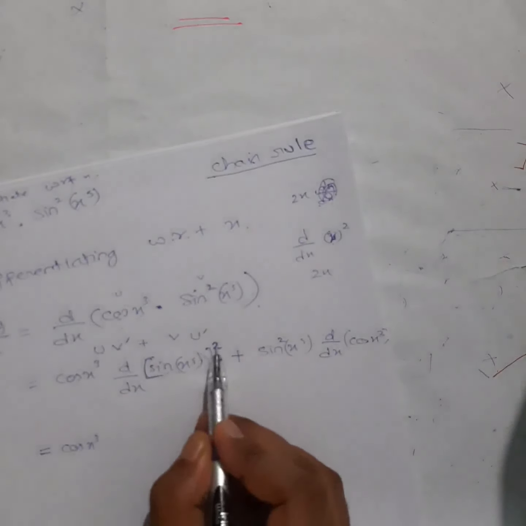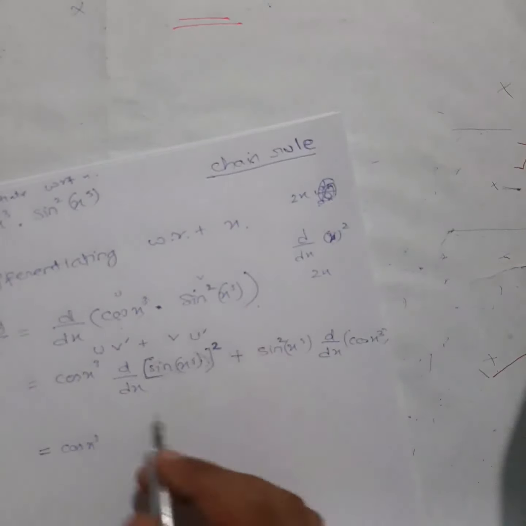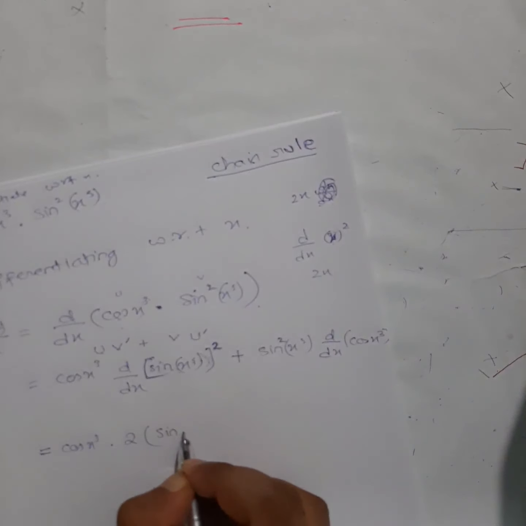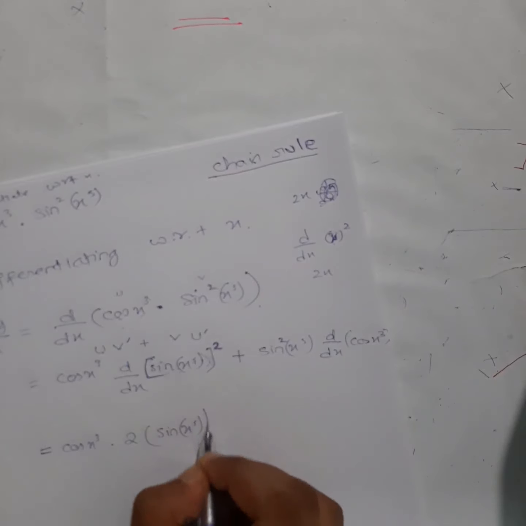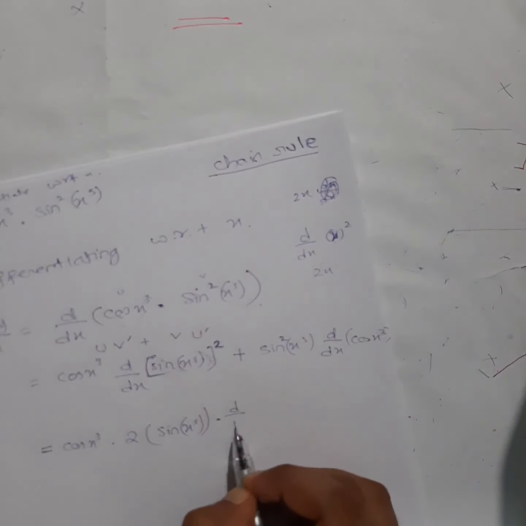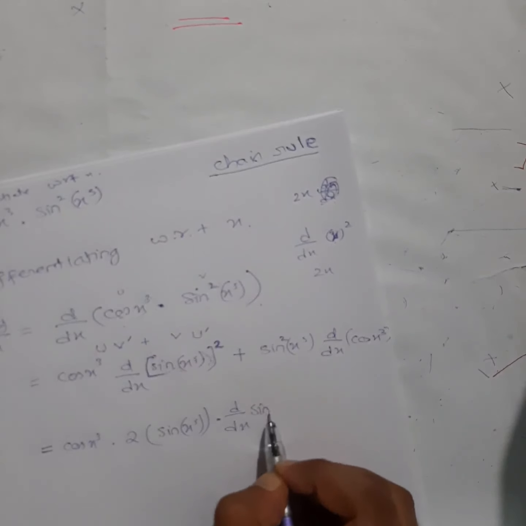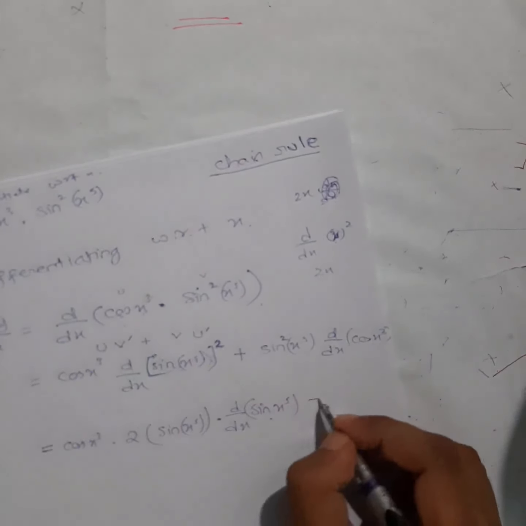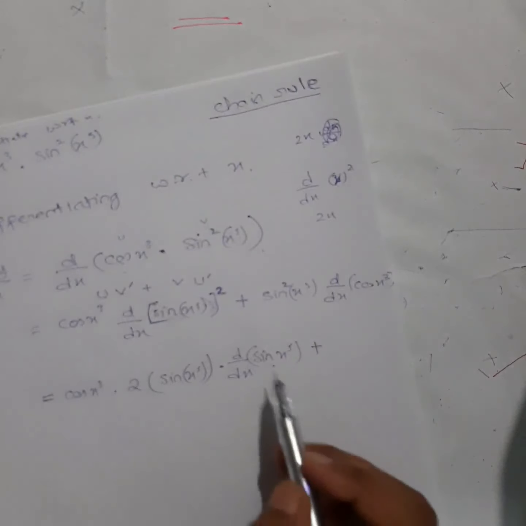So first, this is in the form x square, so I will derive in that form, 2x. What is your x here? This one, right? Now this portion again you have to derive, d by dx of. That's why I said the more you practice, the more you will understand. Okay, plus, I hope it's clear.